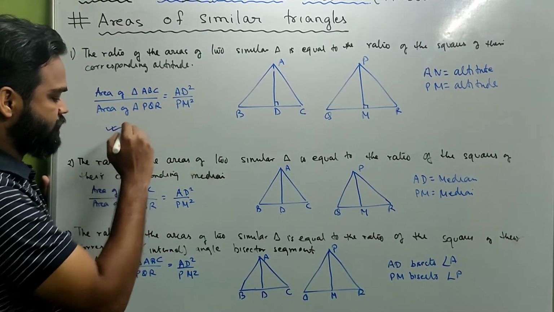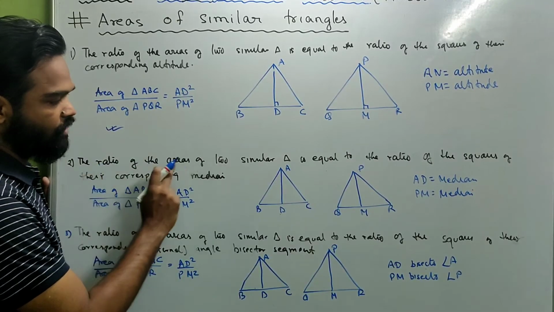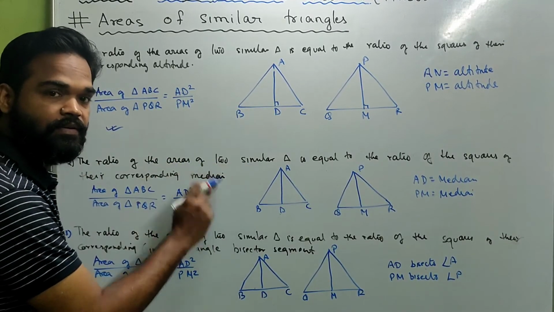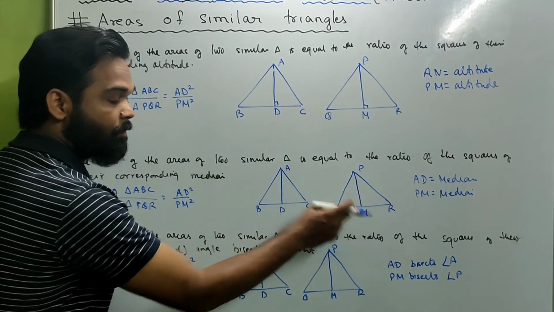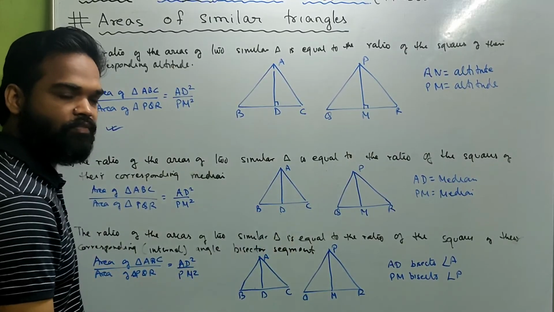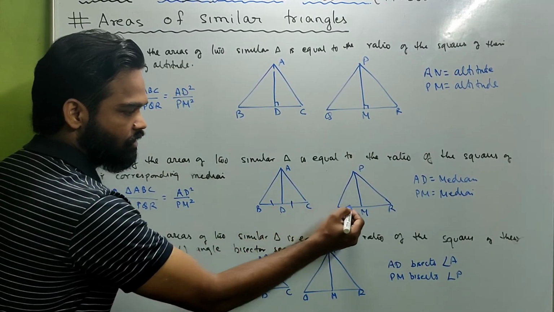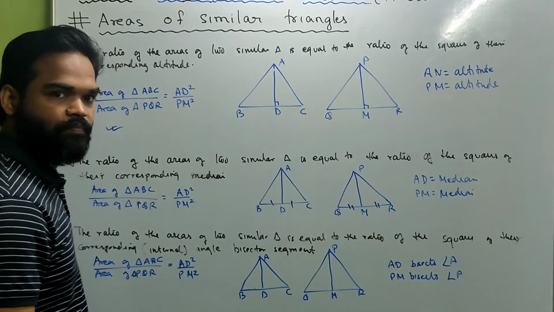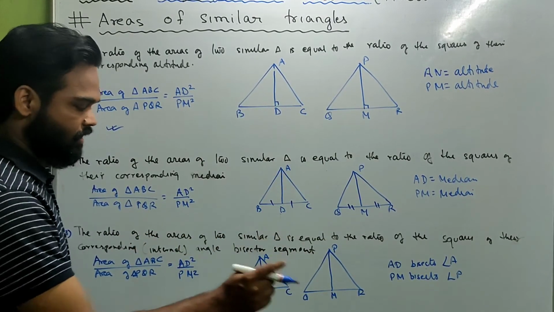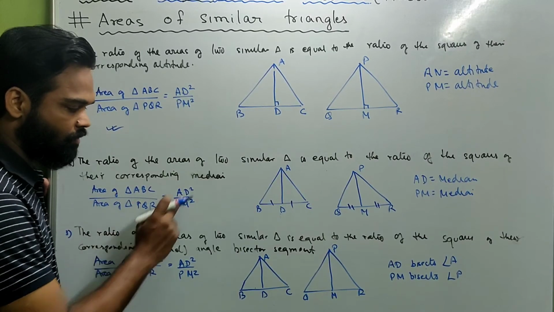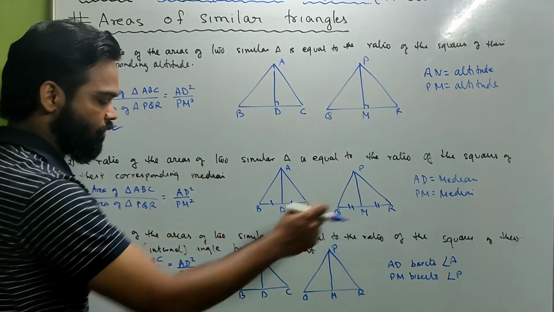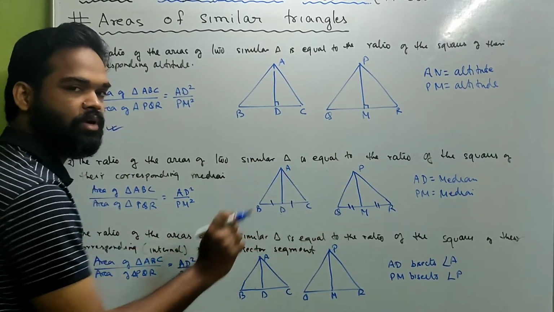Okay. Second result, which is important: the ratio of the areas of two similar triangles is equal to the ratio of the squares of the corresponding medians, which means if AD and PM are the medians. What are medians? AD divides BC into two equal halves, that is BD and DC. QM and MR are the same. In this case, if AD and PM are the corresponding medians, then the ratio of the areas will be the square of the median, that is area of triangle ABC by PQR is equal to AD square by PM square.